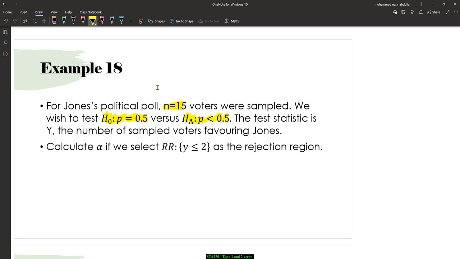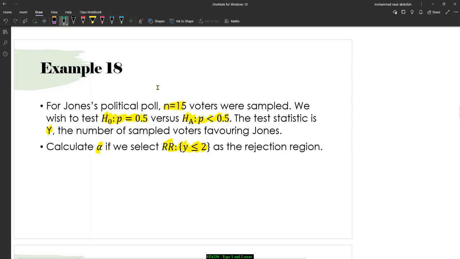But in one tail test. So the test statistic is y, right? So the number of sample voters favoring Jones, right? So calculate alpha if we select y less than or equal to 2 as a rejection region lah.